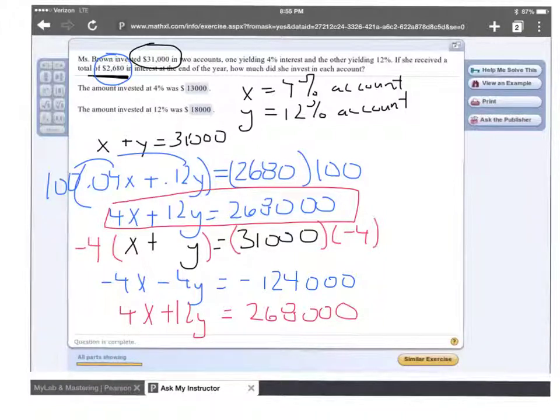Now as I'm working here, what happens is -4x plus 4x eliminates to 0, and I'm left with 8y equals, and then on the right hand side I'll have 268,000 minus 124,000.